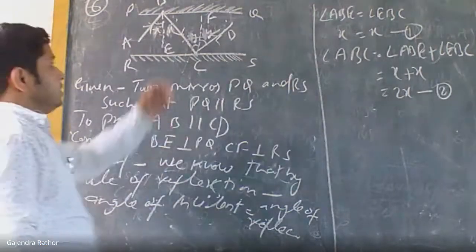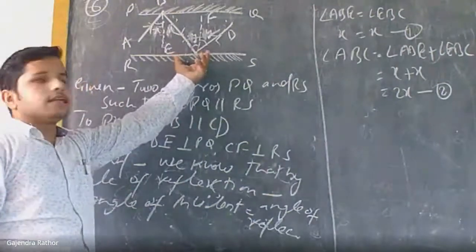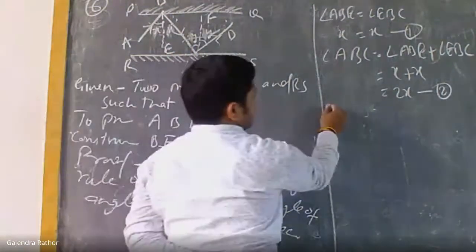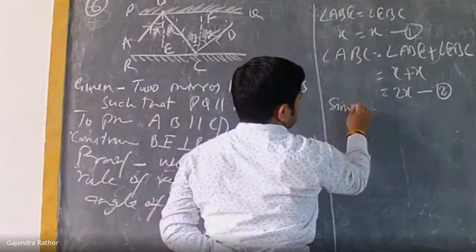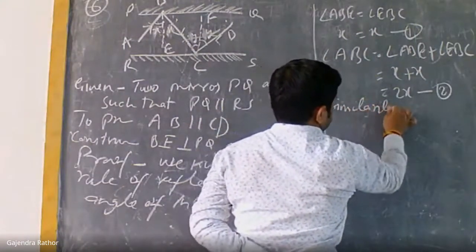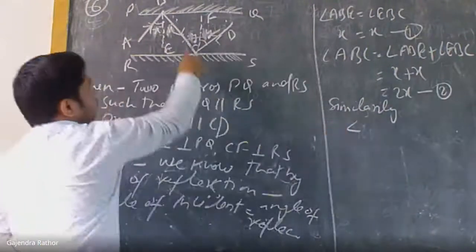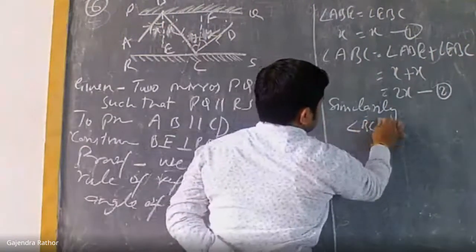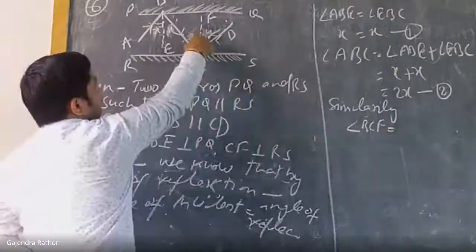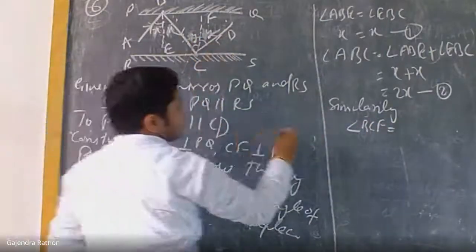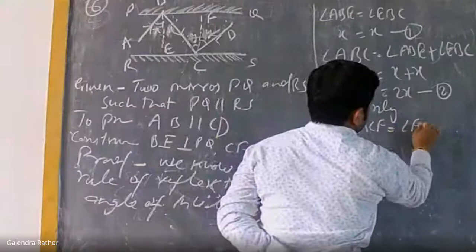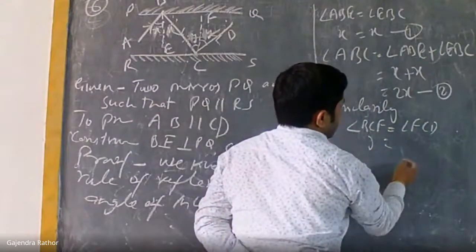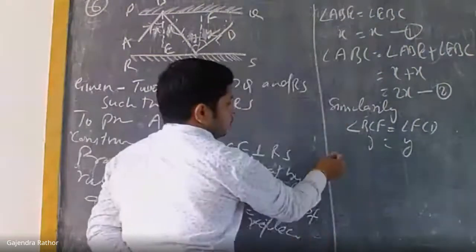And again, the same in the second situation. Here also y is equal to y. Similarly, first angle BCF is equal to FCD. BCF is equal to y and FCD is equal to y.